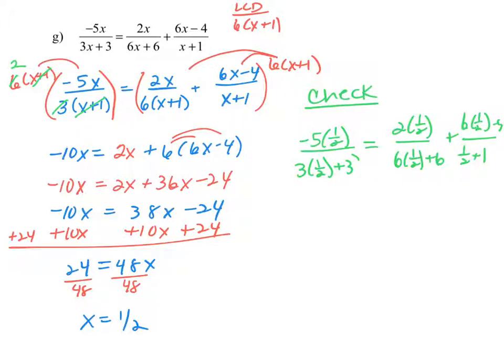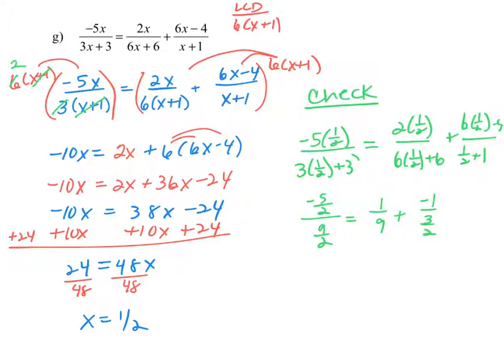When we simplify, we get negative 5/2 divided by 3 times 1/2 plus 3 is 9/2 equals 1 over 9 plus negative 1 over 3/2.